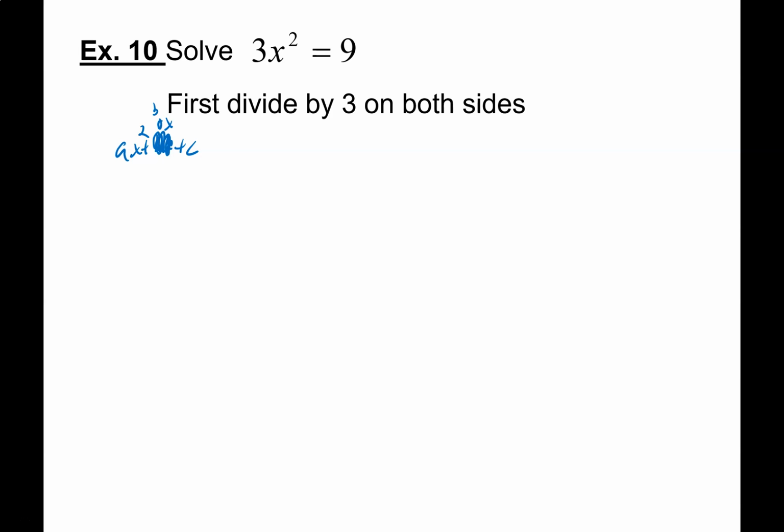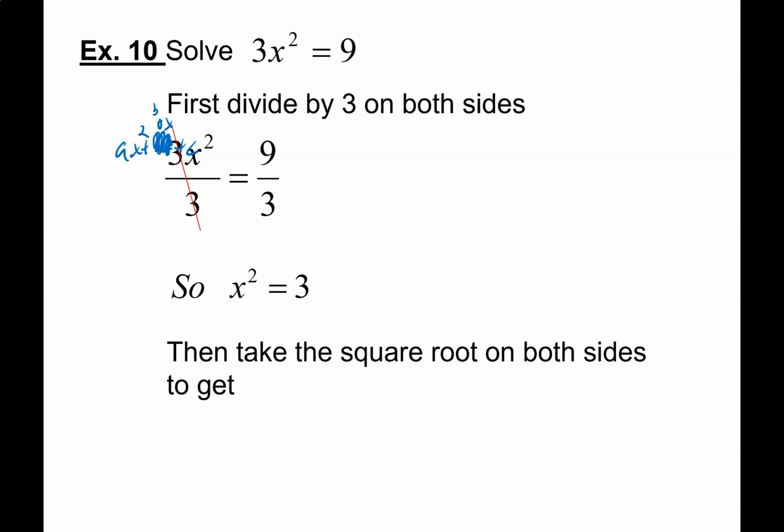You can try quadratic, all that. But the easiest way is, if there's no x term, just divide. So x squared is 3. Then you square root. And you're going to get both the plus and minus, because when it's squared, you're going to get two answers. One plus, one minus.